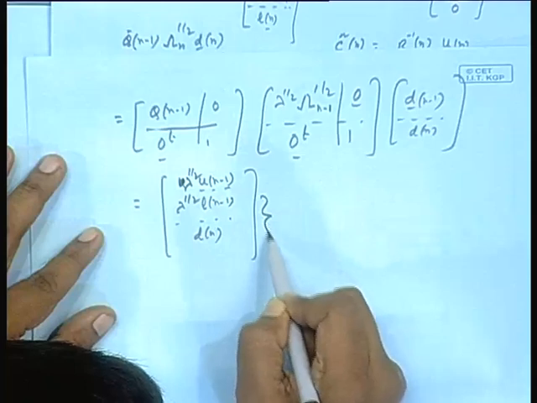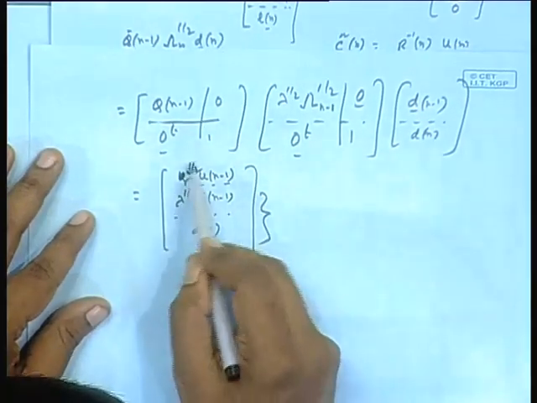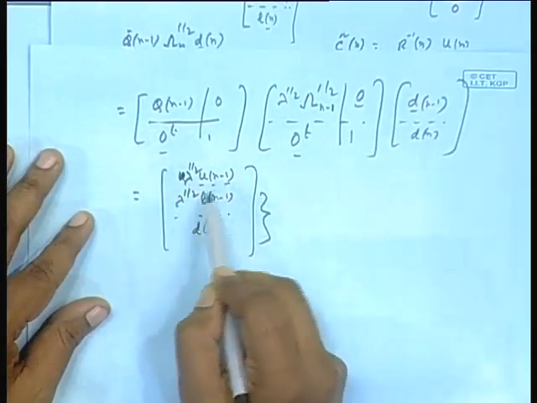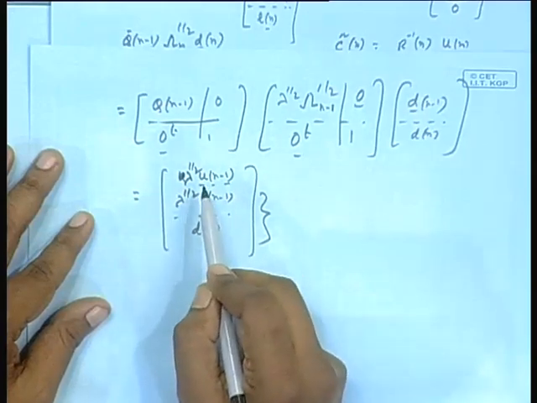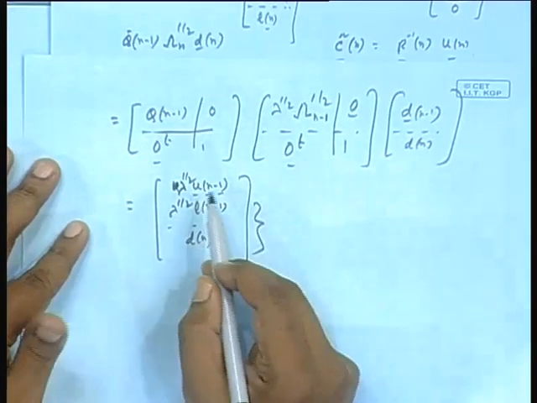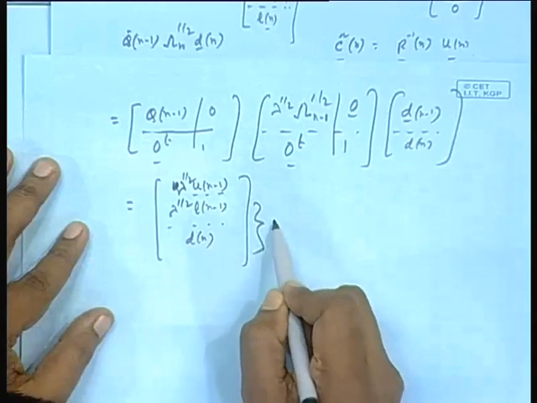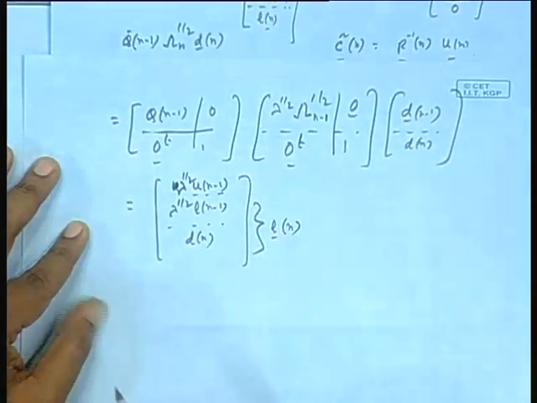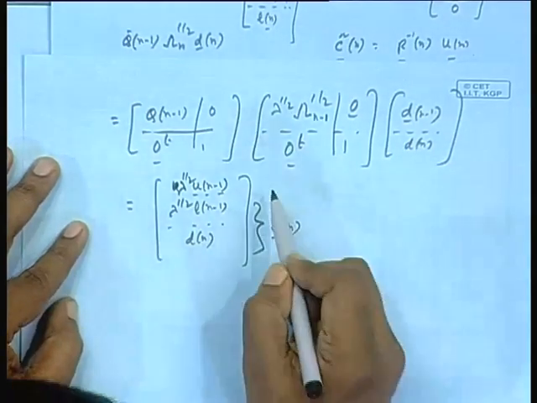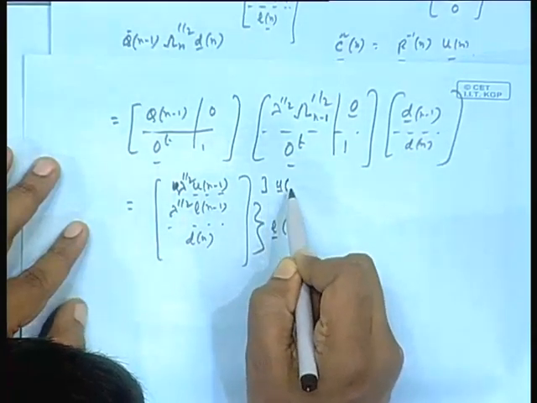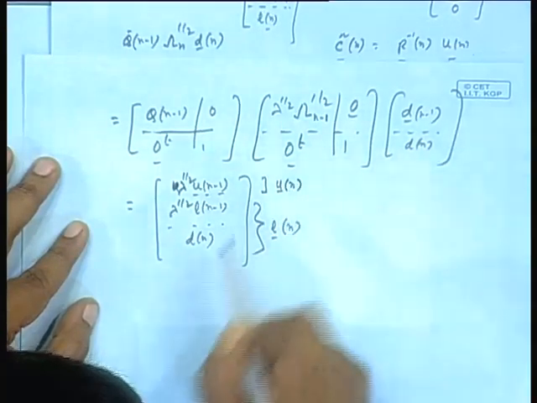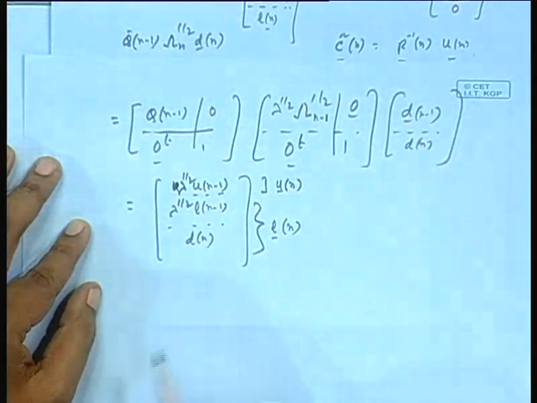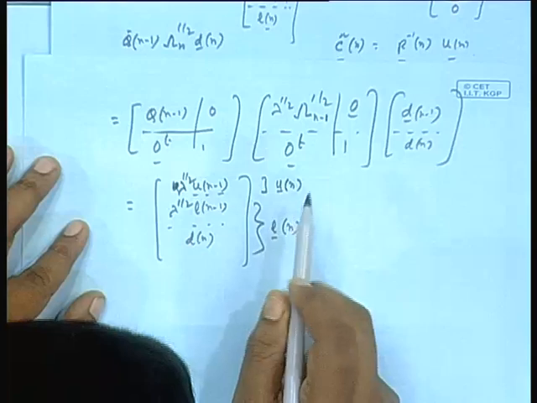So, this part is your, because this is m cross m, this is m cross m, always m cross m for any index. So, that means this is your L n, this is your, this is not yet L n, sorry.